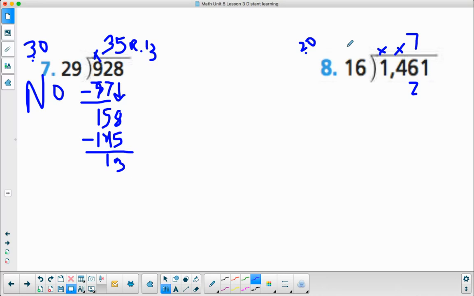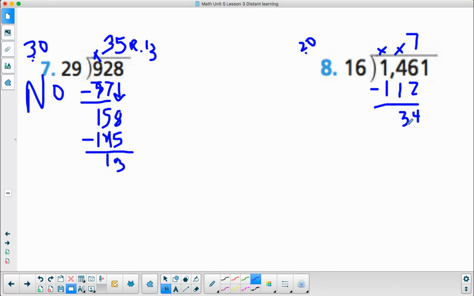Plus the 40 make 112. When I subtract, I get 34.